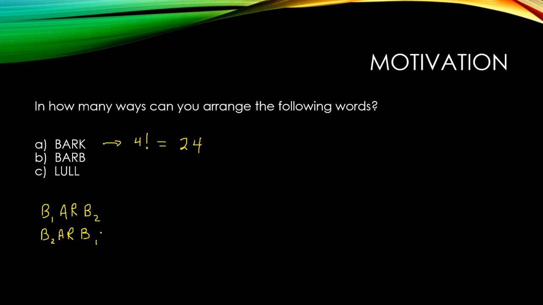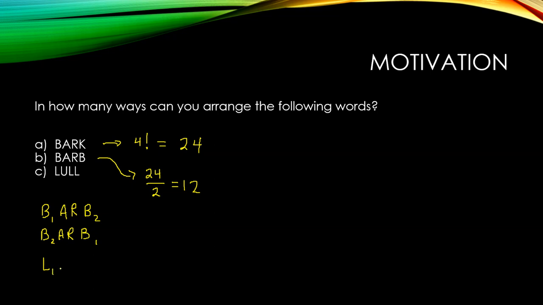So for all of the 24 arrangements I had before, there's going to be 2 that are identical where I just switch the order of the B's. So for barb, we're going to have half of the available arrangements, so 12. And then we'll talk more about lull in a second.